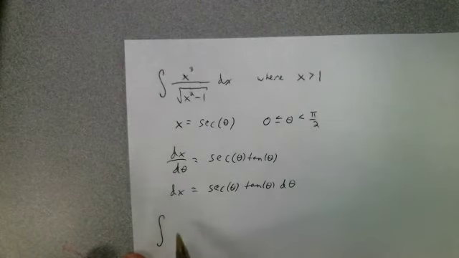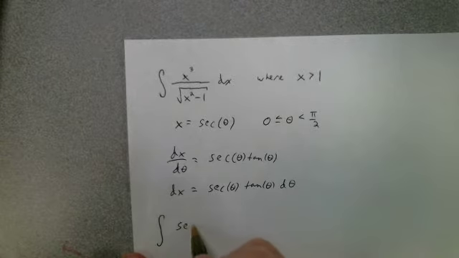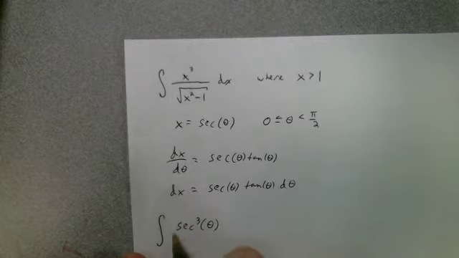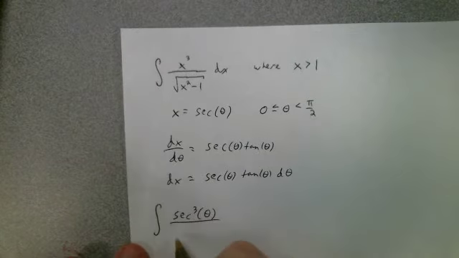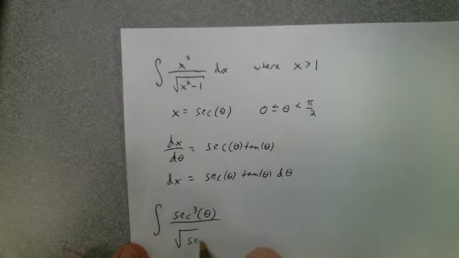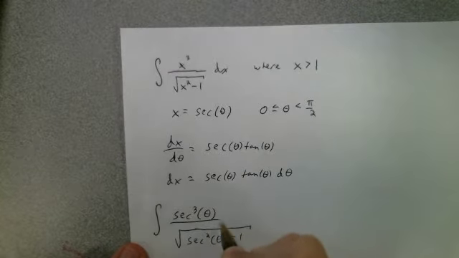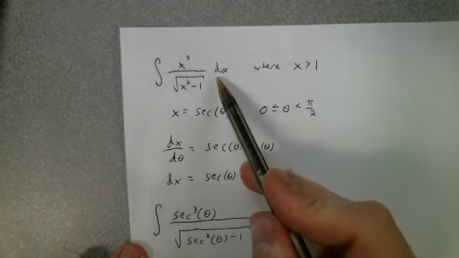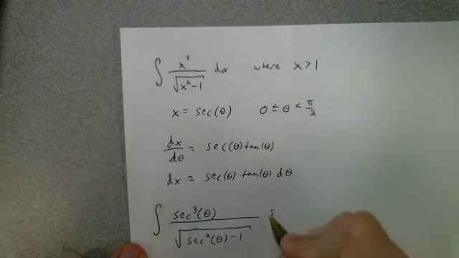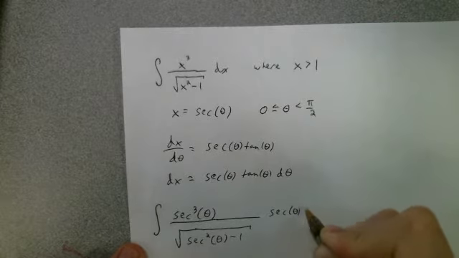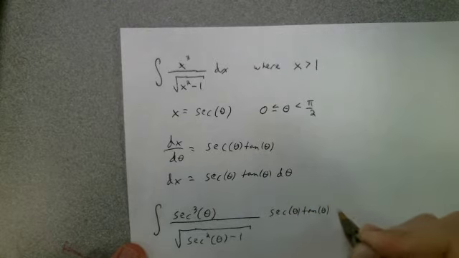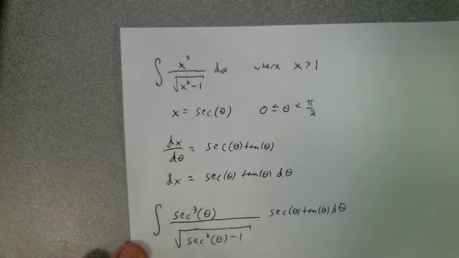So x, I'm replacing it with secant theta. So on top, I'm going to have secant cubed theta. On the bottom, I have square root of secant squared theta minus 1. And then I am replacing dx with secant theta tangent theta d theta.